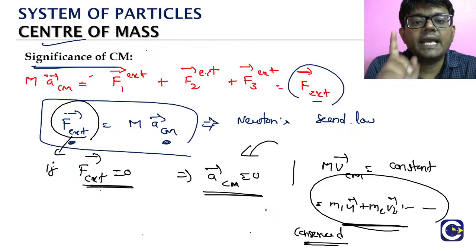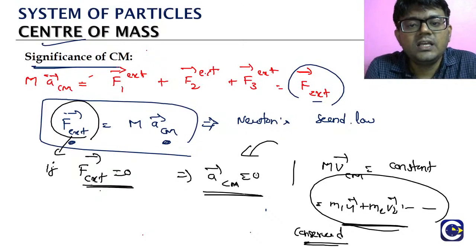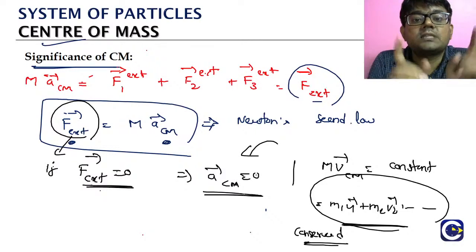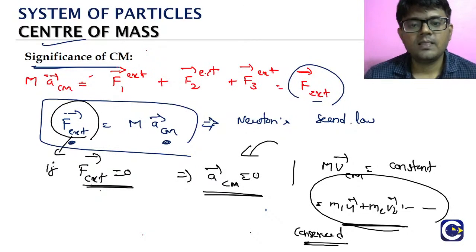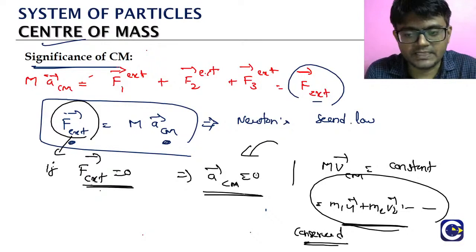When the external force acting on the system of particles is 0, the center of mass acceleration becomes 0, which means the total momentum of the system of particles will be conserved. So this is about the significance of the center of mass to explain the motion of the system of particles.